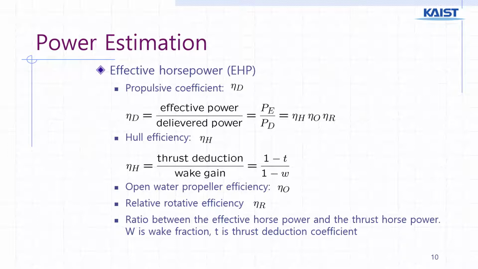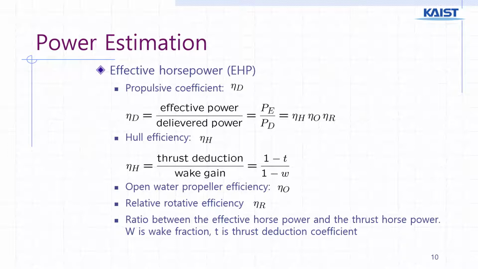Also, the bigger engine has a bigger size and volume, so the engine room arrangement is difficult to host that bigger engine. So as a designer, you need to find the optimal size of the engine, the minimal size that still meets the speed guarantee.